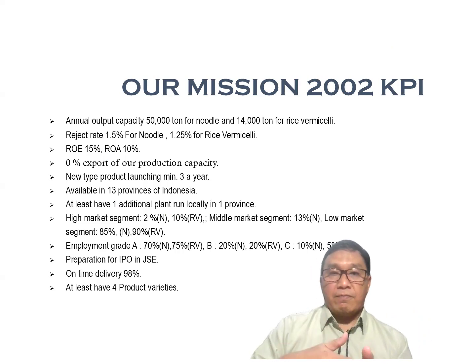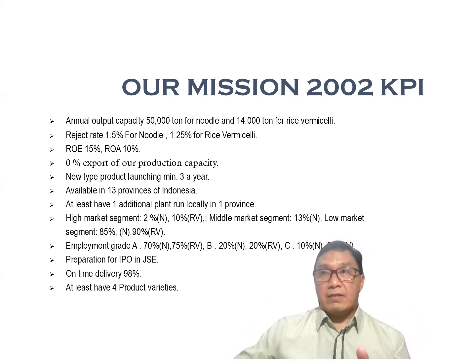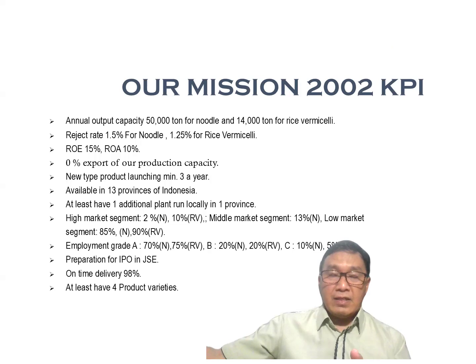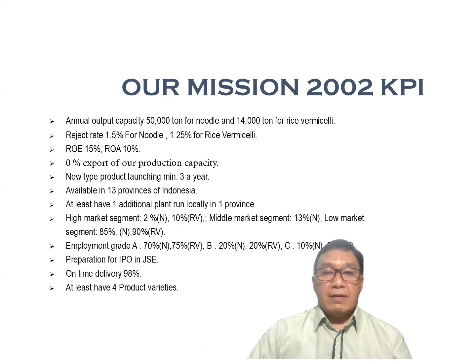They develop the KPIs for the next 2 years and the next 5 years in order to track the progress, and then they develop the KPI for the next 10 years, which is 2010, in order to define whether they already achieved what they dreamed of.